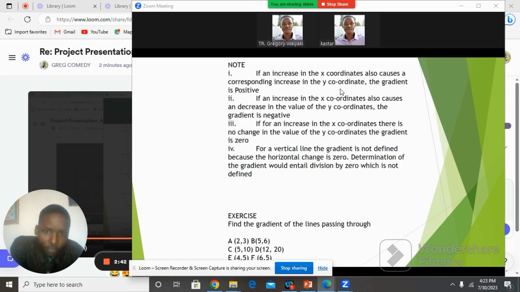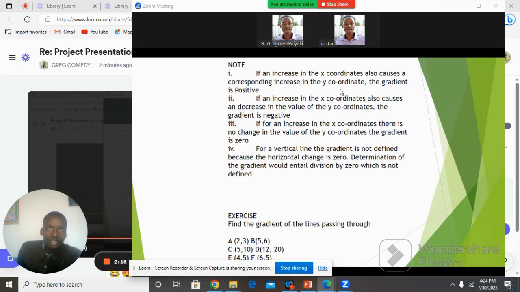Then we have 4, whereby we are told that for a vertical line, the gradient is not defined because the horizontal change is 0. Determination of the gradient would entail division by 0, which is not defined. We have an exercise where we are told to find the gradient of the line passing through point A (2, 3) and point B (5, 6).